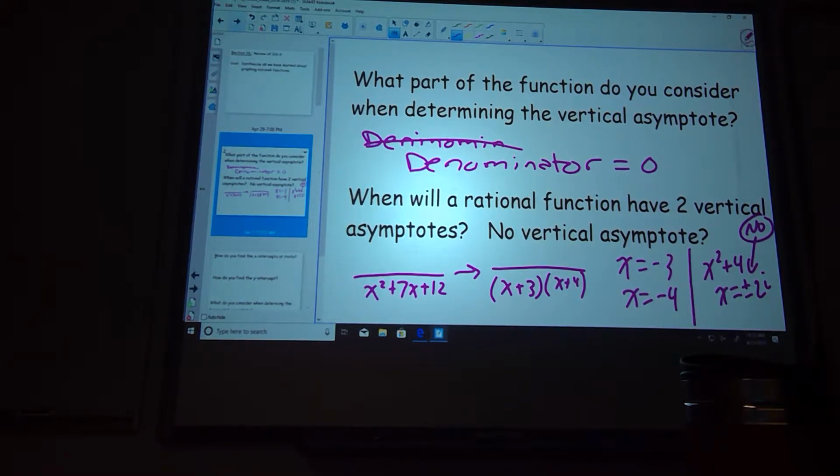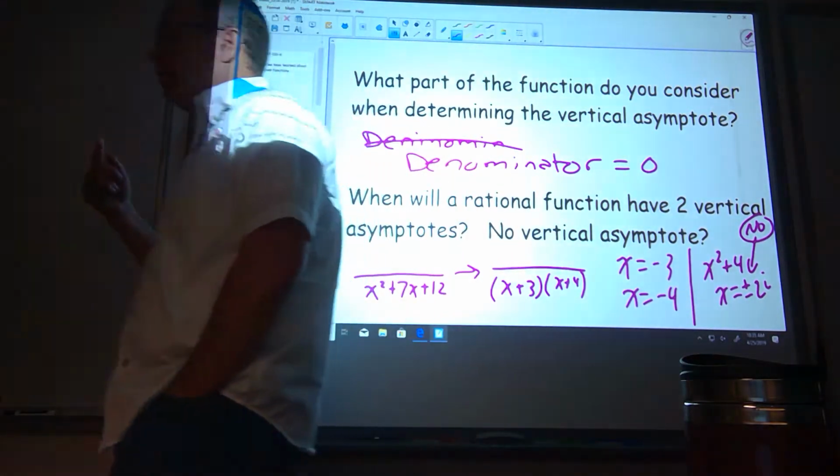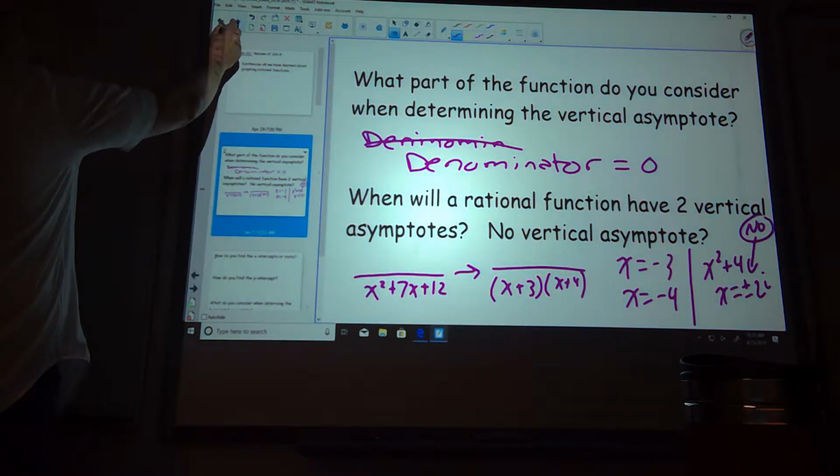Once you do b squared minus 4ac, that's called the discriminant. So once you do that math, if it's negative, you don't have a vertical asymptote. Okay, but yes, you can have 2 vertical asymptotes. The very first step on doing any of these problems is you have to factor. You have to factor it.